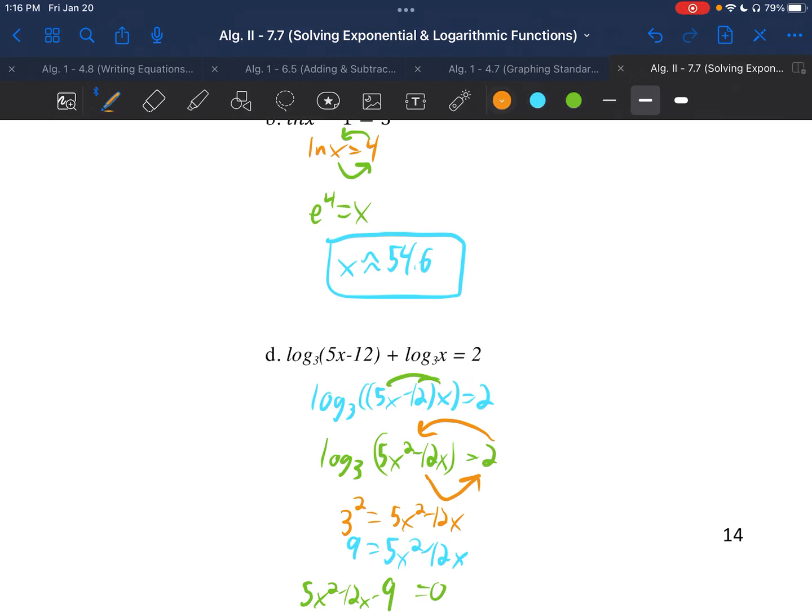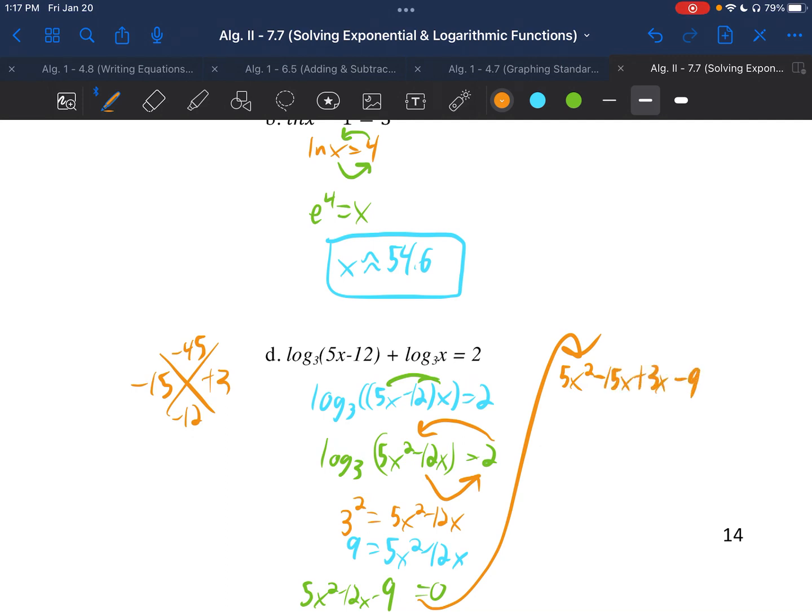I'm going to make my x, and I'm going to put my result of the x up here. So 5 times negative 9 is negative 45, negative 12 on the bottom, negative 15, positive 3 do the trick. Cannot use my shortcut, so 5x squared minus 15x plus 3x minus 9 equals 0. Group the first two, group the last two.